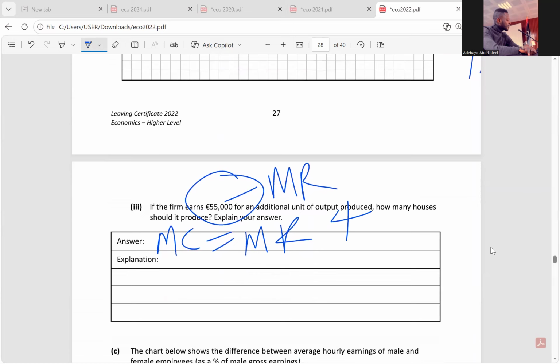Do you understand? So MC equals MR, so it should produce 4. That is maximizing profit.